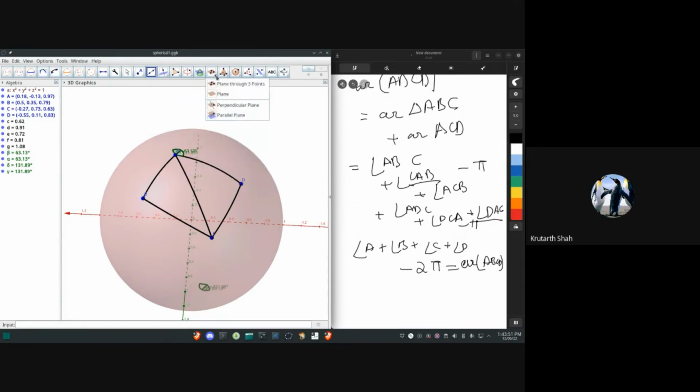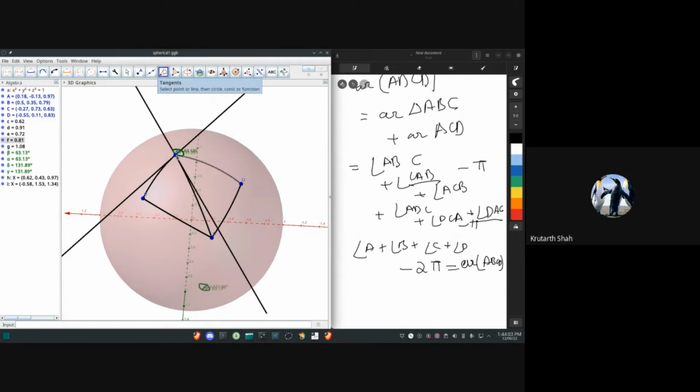So if you have the tangents here, the angles between the tangents add up normally, right? They're all coplanar, right, all the tangents?